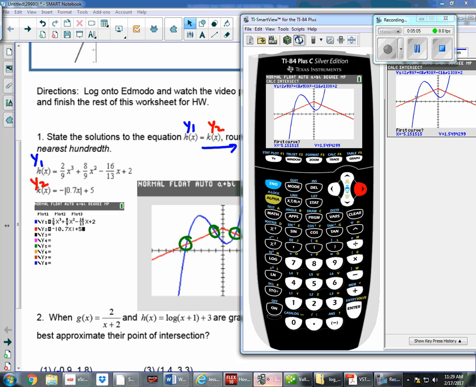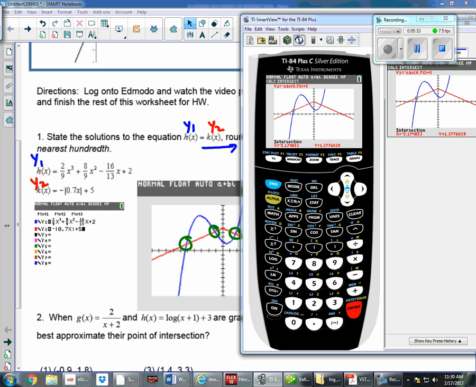It says first curve. Click enter. That means that you're on your blue curve. When you click enter, it changes to second curve. Click enter again because now you're telling me that the blue curve and the red curve are located in the same spot. And then when it says guess, well, I still think that's the point of intersection, so click enter.